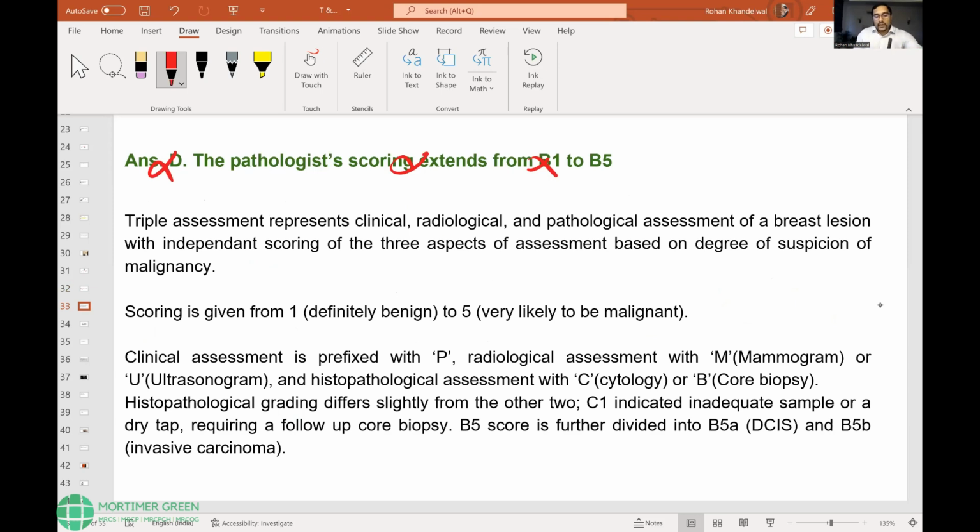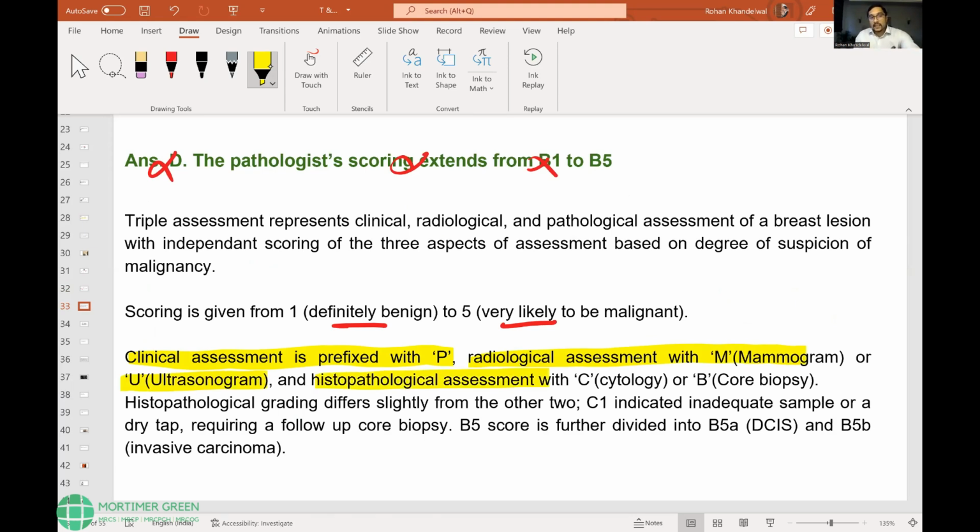Now, the scoring is given from 1 to 5. So read the last paragraph. This is very important. When we do clinical assessment, it is prefixed with P. Radiological assessment, M is for mammogram, U is for ultrasonogram.